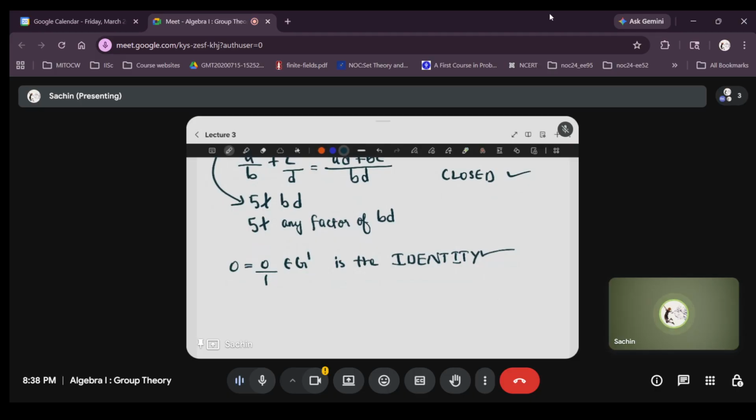Then the inverse of A by B is simply minus A by B. If 5 does not divide B, then even in minus A by B, the denominator is still B, so 5 does not divide B. So minus A by B will also be a member of G prime.